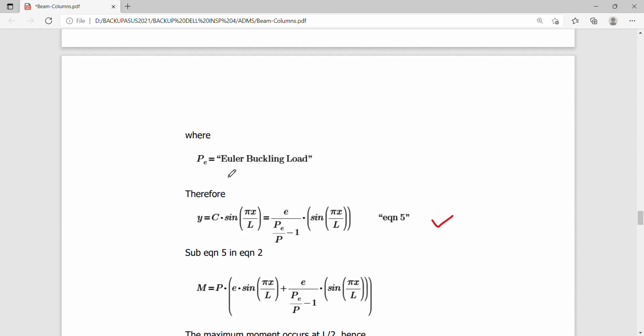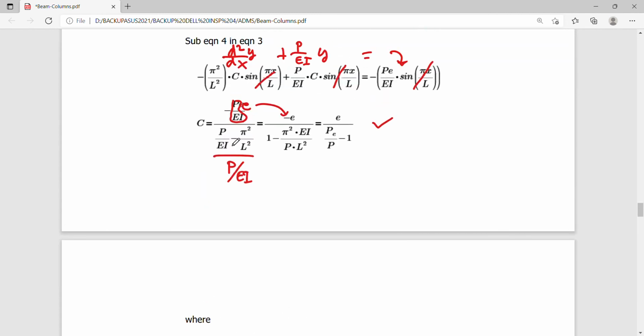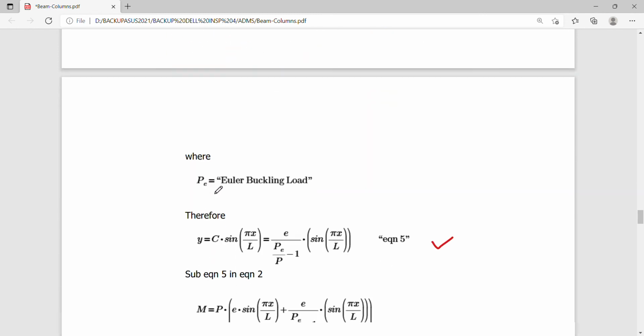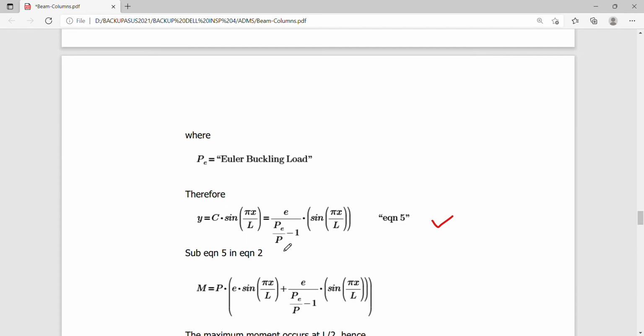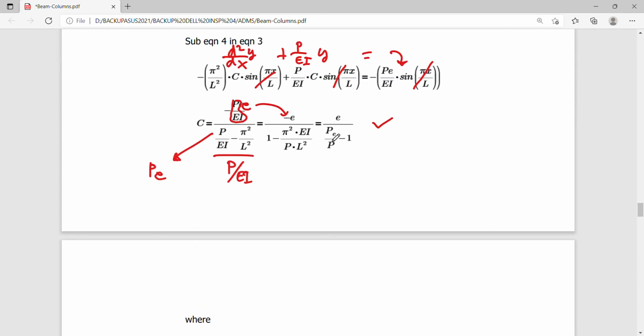Take note that the P here is assumed to carry the critical load, which is the Euler buckling load. So that's why this now becomes a PE over P instead of a P over P here. So this is pi squared.